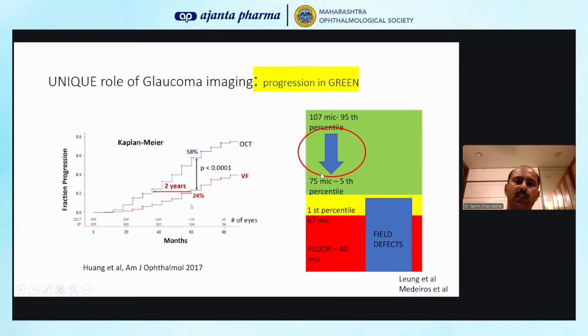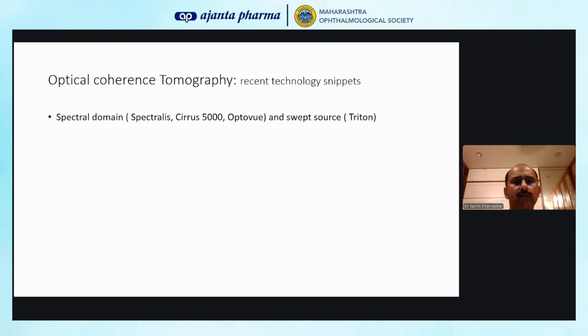Knowing the change in this particular area becomes very important, because it's morally and ethically important that we should not wait for such a big loss to occur before we start the treatment, now that the imaging technology has matured enough.